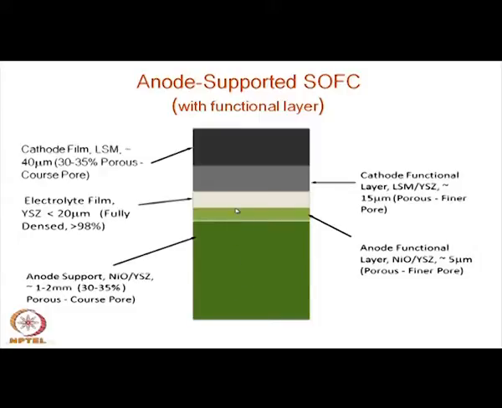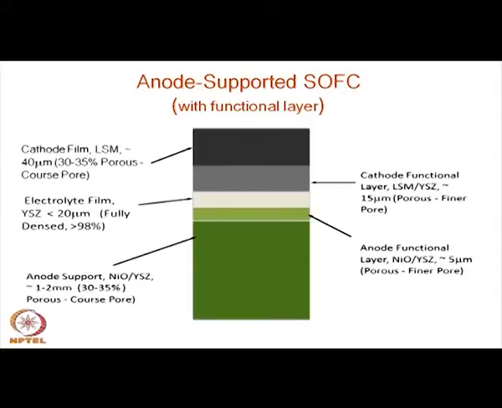Now, the advantage of this is to increase the current density. I mentioned earlier that we need what we call a triple phase boundary, that means a contact between the electrolyte, the anode and the gas phase. These must come in contact as much as possible. The contact area may be enhanced by reducing the pore size.